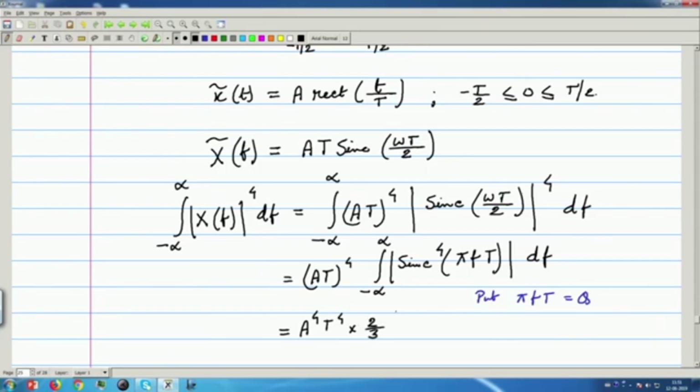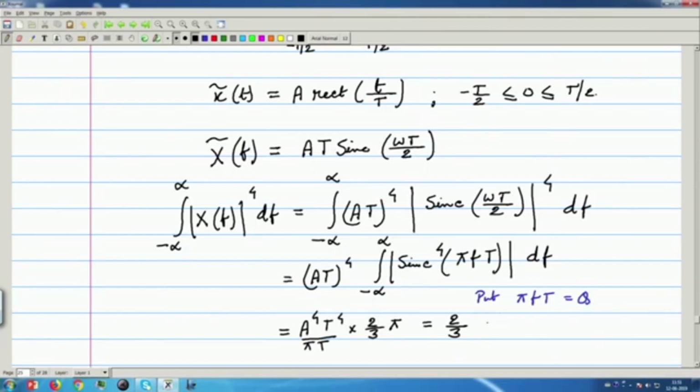That will give you 2/3 A to the fourth t to the fourth, divided by pi, and t will come here, 2/3 pi, this full theta, because of that d theta, that pi will come here.